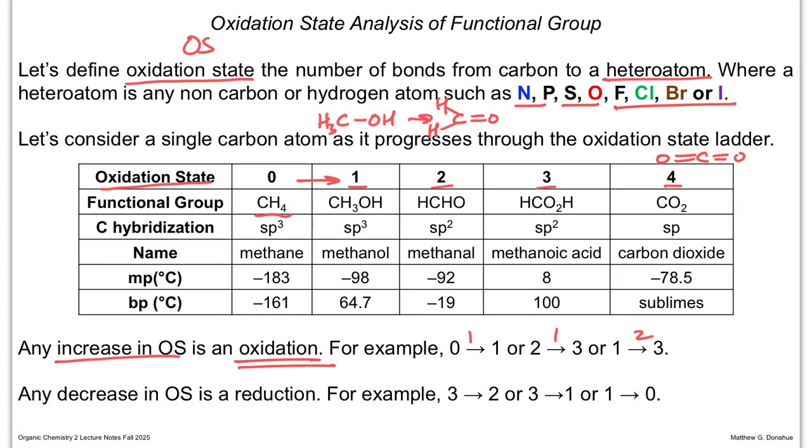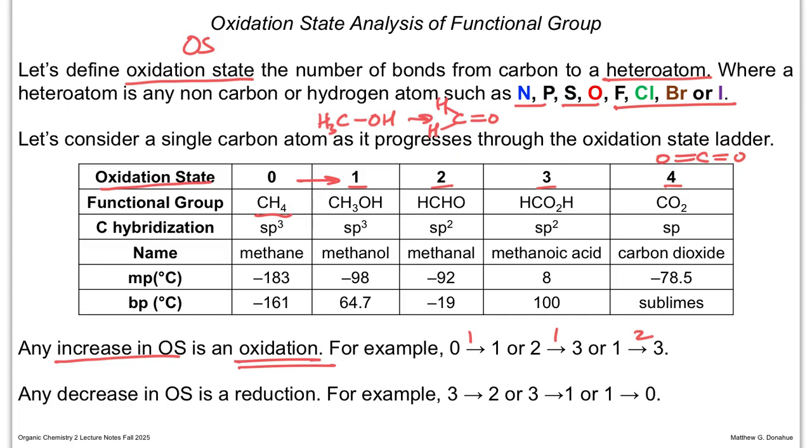So what I mean by the number above the arrow, the difference is just 1. So 1 to 3, that's 2. That's the stage of oxidation. So certain reagents can only increase the oxidation state by 1. Other reagents can do a 2-stage oxidation.